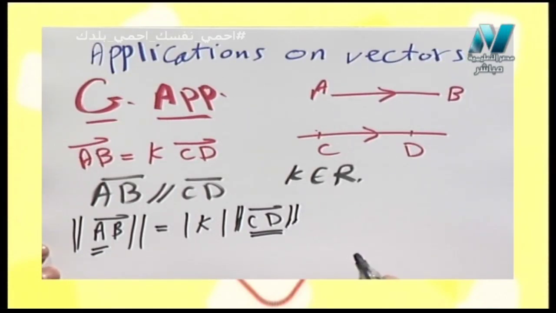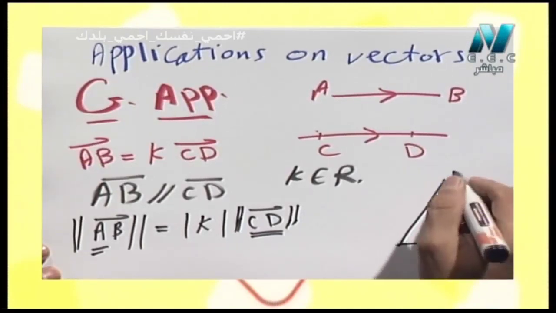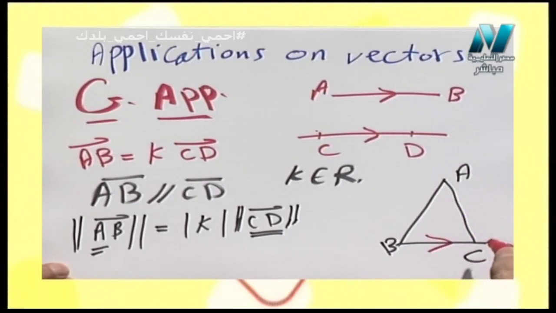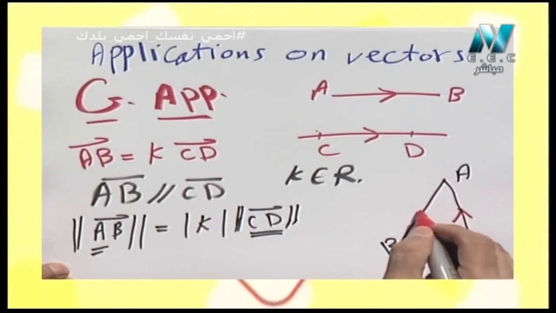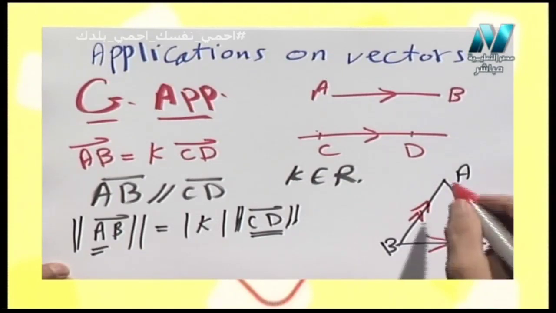And the second basic, the triangular vector rule. If we have a triangle ABC like that, and we have a vector in direction from B to C and the direction for the vector BA, here BA is the sum of BC and CA.